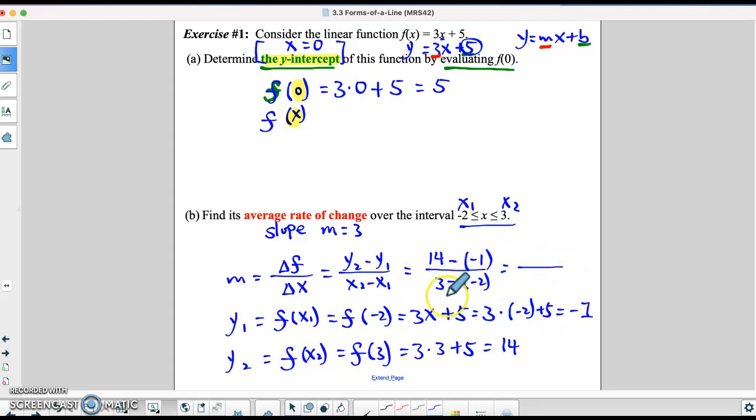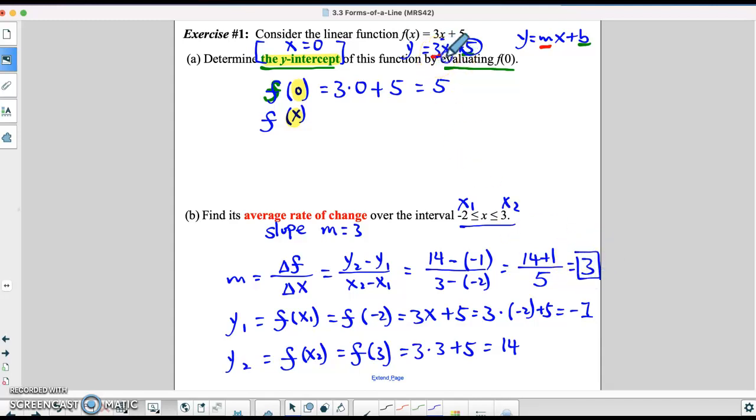Now let's do some computation. 14 minus -1, that double negative will give you a positive, so it becomes 15. 14 plus 1, that's 15. And the denominator is 3 minus -2, plus as well since it's a double negative, that gives you 5. So that's 15 divided by 5. Our slope is 3.